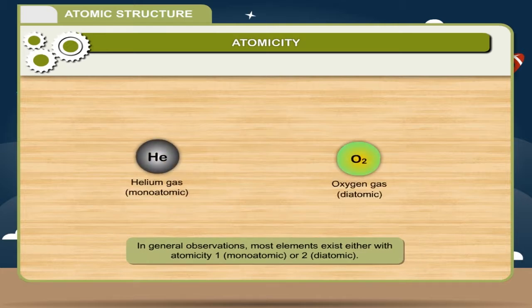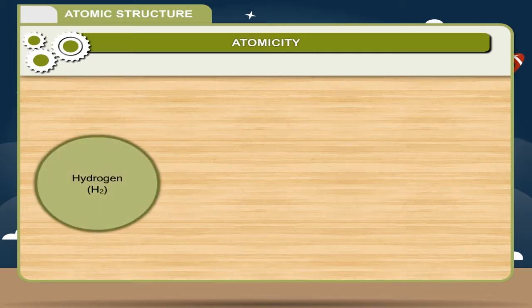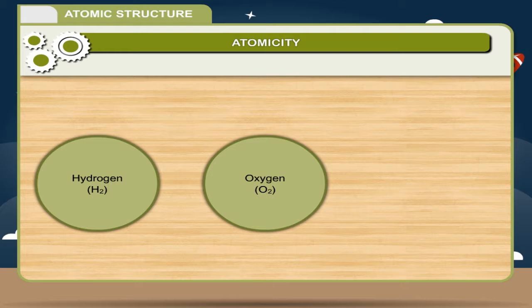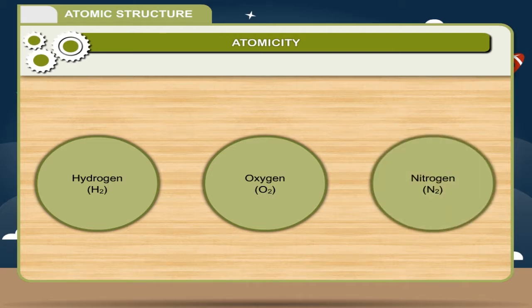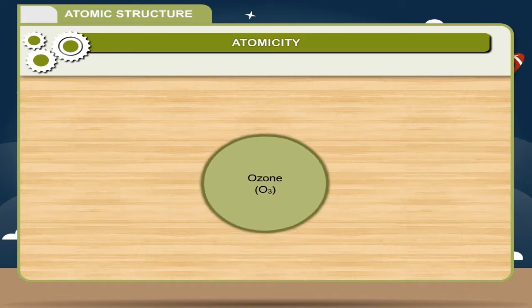In general observations, most elements exist either with atomicity 1, monoatomic, or 2, diatomic. Hydrogen, H2, oxygen, O2, nitrogen, N2, show diatomicity. In case of ozone, O3, oxygen shows triatomic behavior.